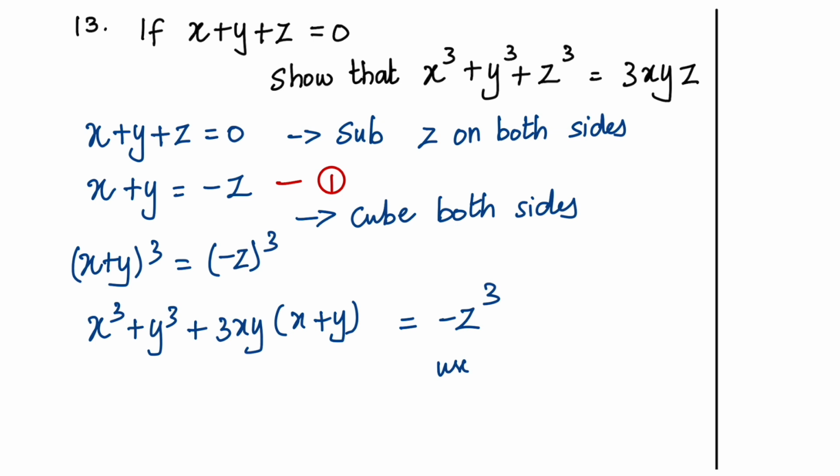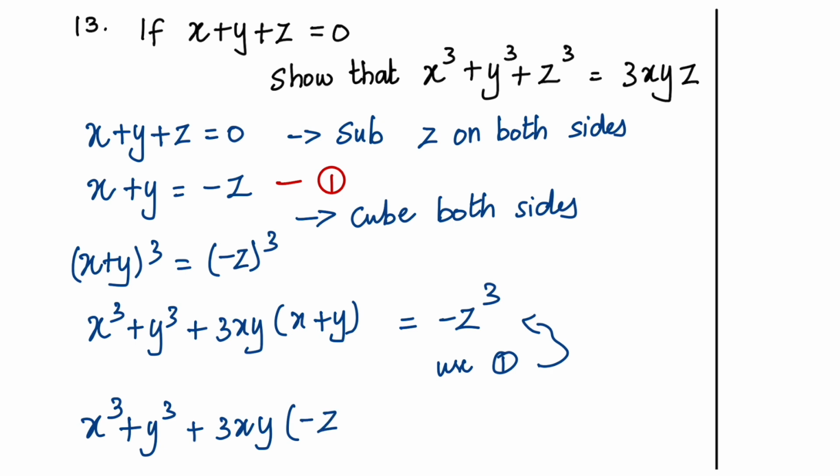So you are going to use that here. When you use that, it becomes x cube plus y cube plus 3xy into x plus y is equal to minus z, right? So you are replacing this x plus y with minus z, and that is equal to minus z cube.